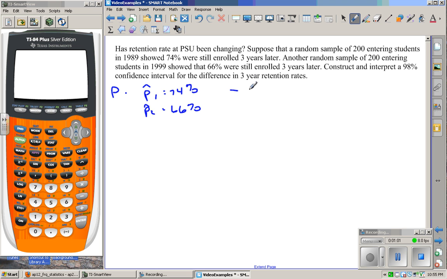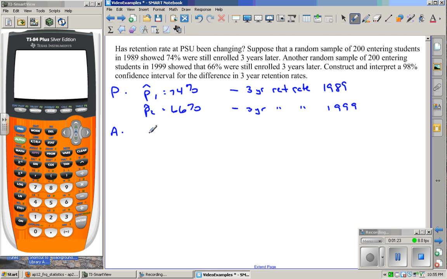So p hat 1 is the 3-year retention rate in 1989, and p hat 2 is the 3-year retention rate in 1999.